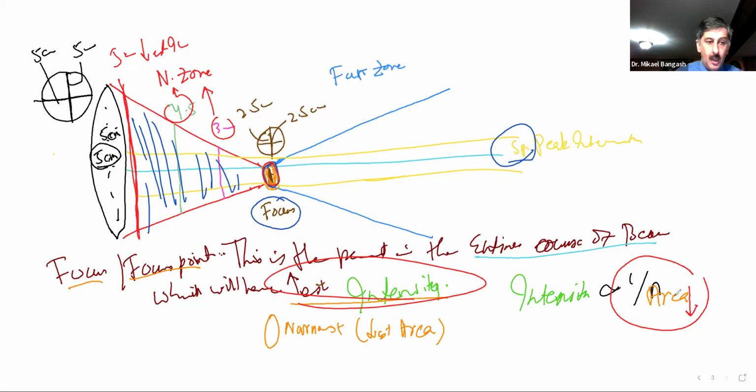How do we relate, let's go to another slide, the area of the beam at the focus to the area of the PCT, or the diameter of the PCT?